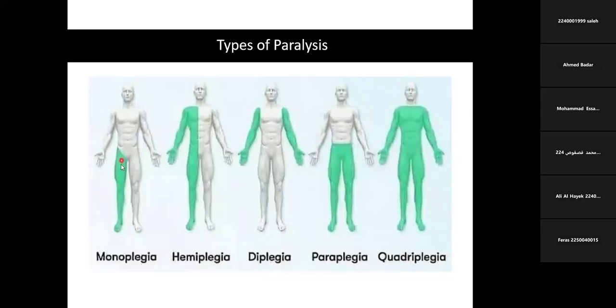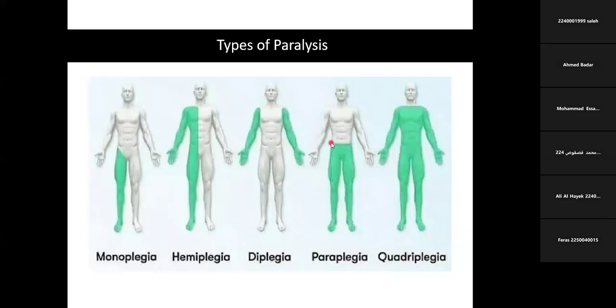It's possible that only one limb's motor function is gone. Monoplegia. Wahid, monoplegia. It is possible that one half or one side of the body is not working. Hemiplegia. It is possible that with some problem with the neck nerves, both upper limbs are not working. Very rare. Diplegia.